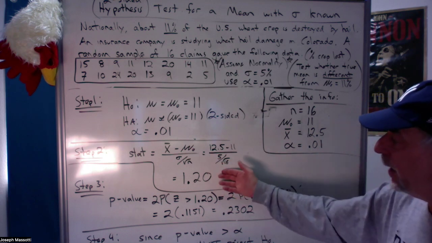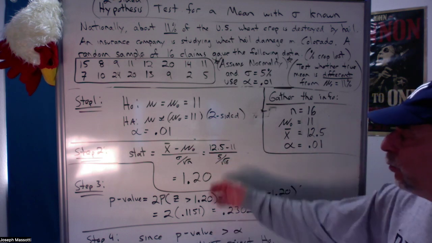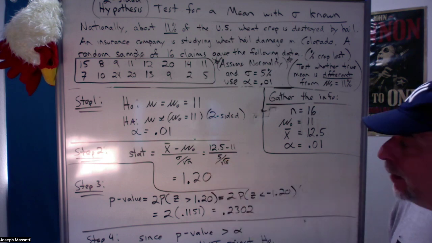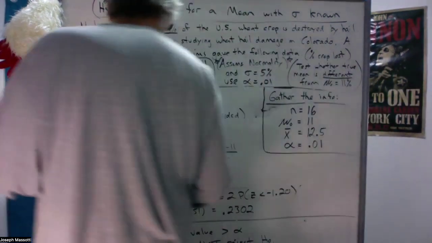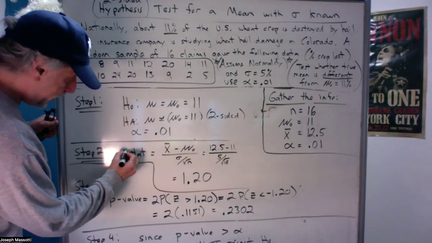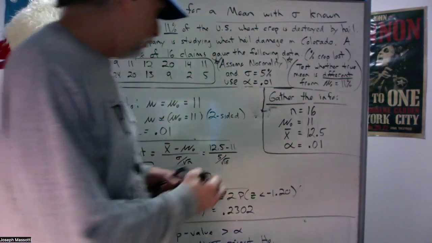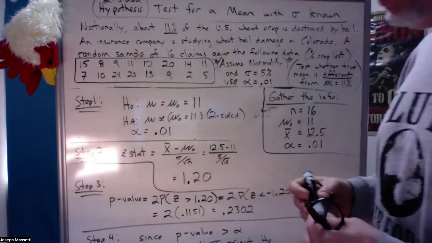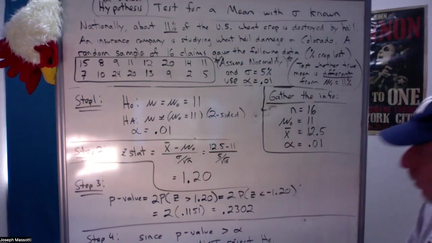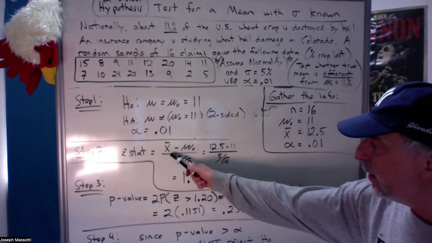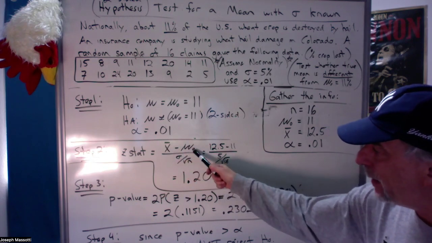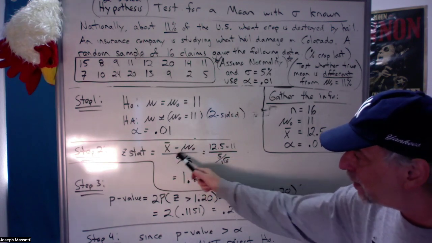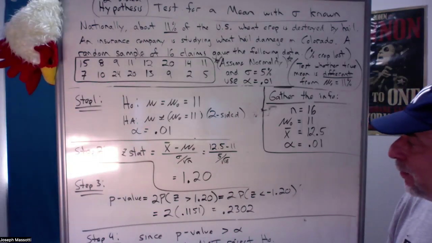We go to our second step, and we form our Z test statistic. This is a Z test statistic because we know sigma. So we know how to calculate that: the sample mean minus the hypothesized mean over the standard error of the sampling distribution.